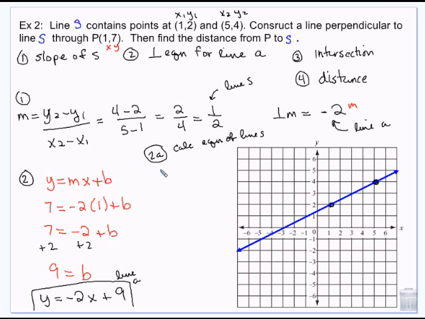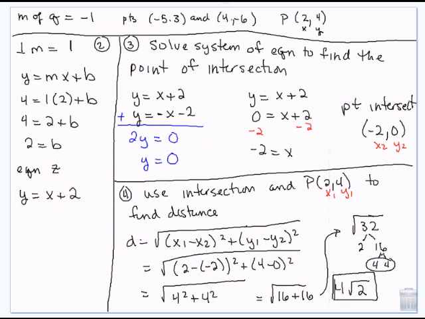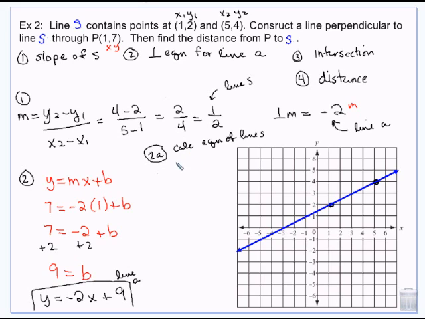I have an x and a y, so I'm going to use those. So I'm going to say 4 is equal to 1/2 of 5 plus b. Yeah, it's going to be 1.5. Four is 8/2. If I subtract 5/2 from 8/2, I get 3/2, or 1.5.